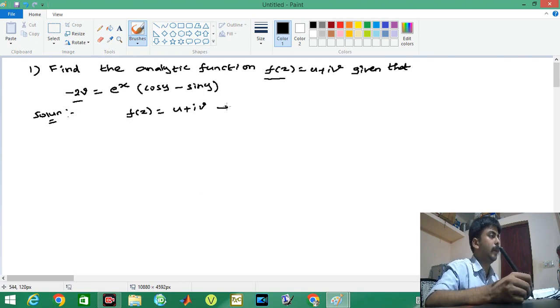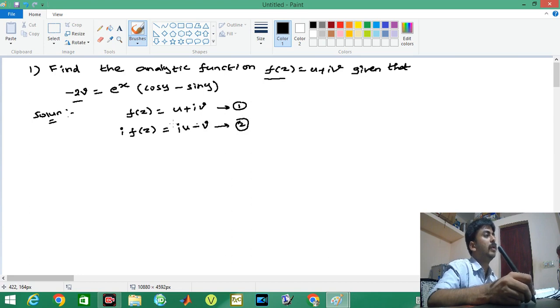So this is our equation number 1. What will be our equation 2 is, we multiply the entire equation by i: i f of z equal to i u minus v. This is our equation 2. Now think, what do we have to get?